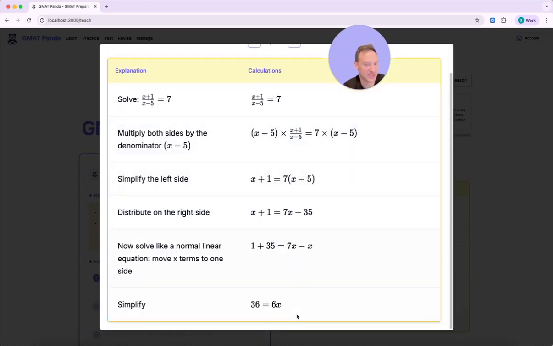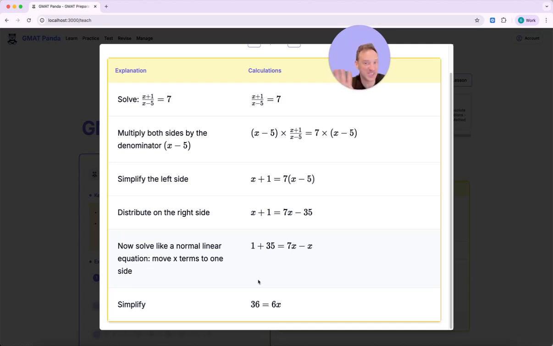In this case, we decide to put the x's on the right rather than on the left. Why do we do that? Well, it just happens that we've got more x's on the right than on the left. So if we move them to the right, it's going to keep it positive. Whereas if we move it to the left, we would have things that are negative. We would still get to the same results.